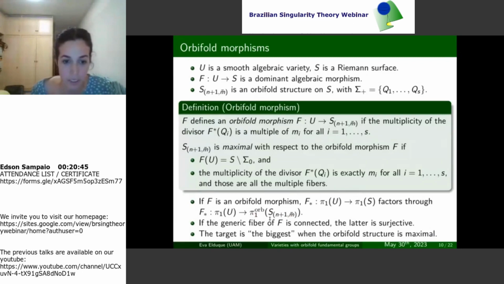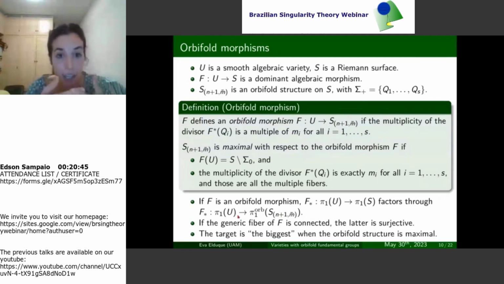So really, once you find a dominant algebraic morphism to a Riemann surface, then you put its maximal orbifold structure in it with respect to your morphism, and then you're going to have a surjective map if the generic fibers are connected, and hopefully, I mean, this we know is a free product of cyclic groups, so if on top of that it is injective, we'll have an isomorphism.